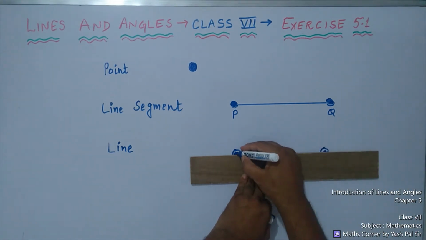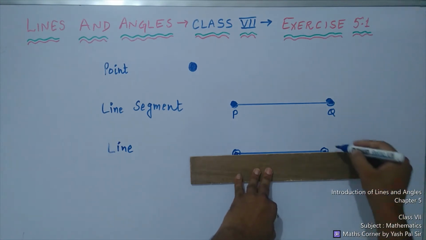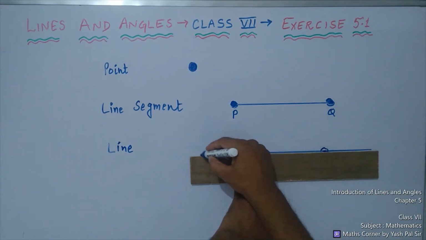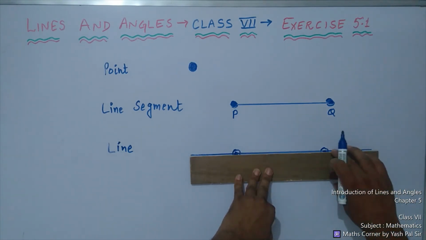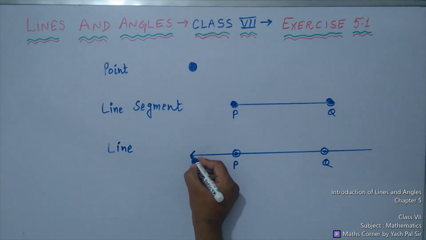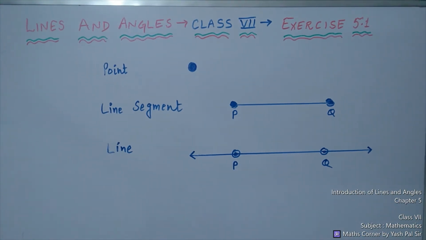This way, we have joined, but we extend to both sides. After P and after Q, we extend both sides and make arrow marks. Then this becomes a line. This is called a line.